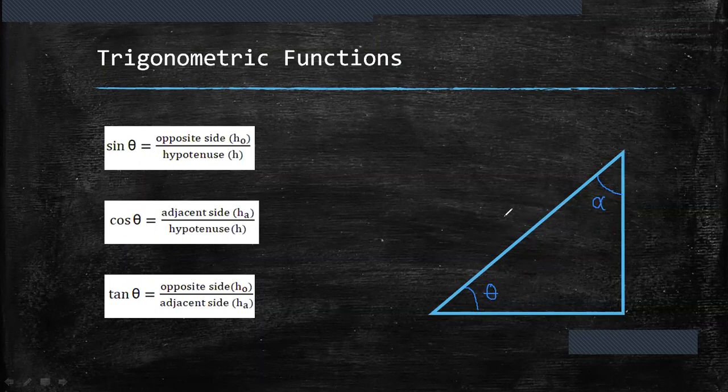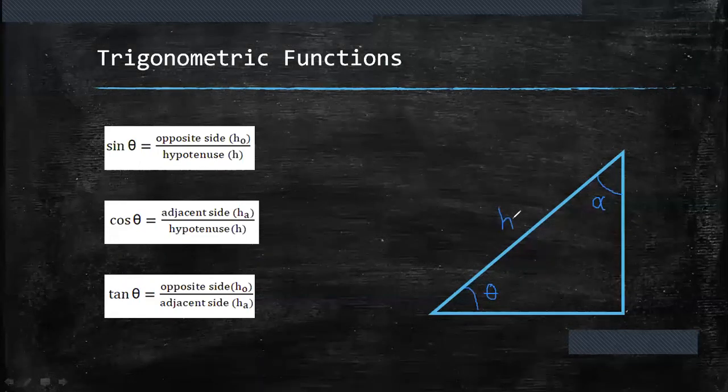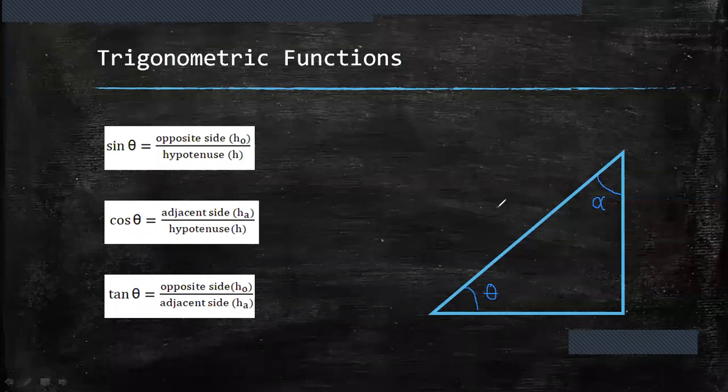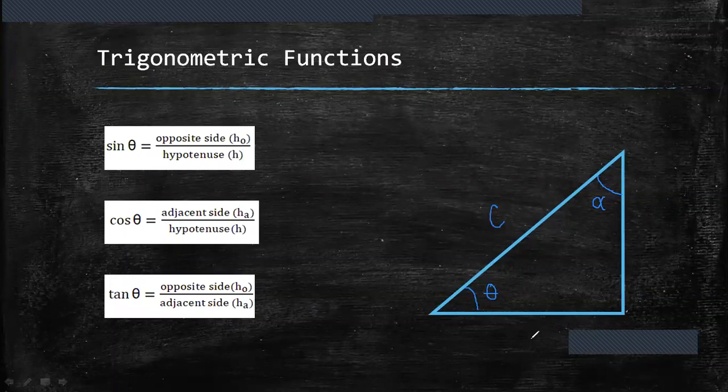Let's denote your hypotenuse with c. The lower side is a, and the right side is b.